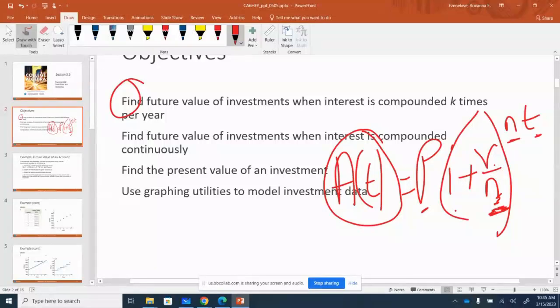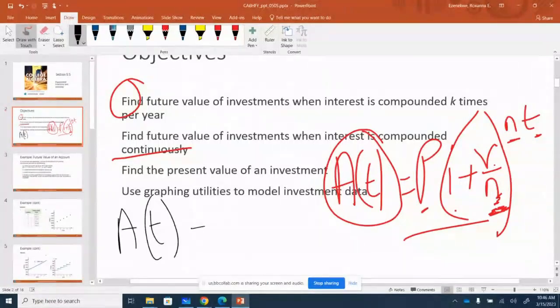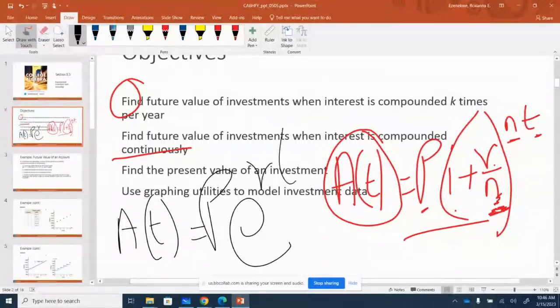So you want to go and look at this section, and you can watch the video also. It's very important. Okay, so we're going to be using this formula in this section. Find future value of investment when interest is compounded continuously. Whenever interest is compounded continuously, then the future value of that amount in the bank is equal to principal times e to the power RT, because it's continuous, so the base is e.